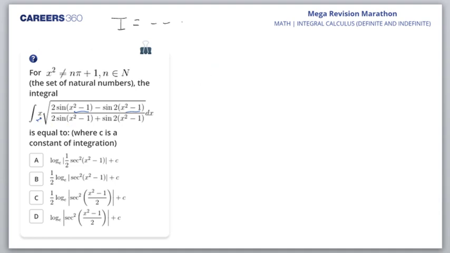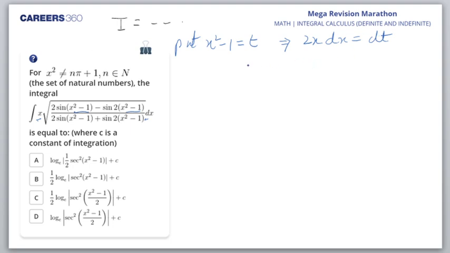So x is there outside, x dx. So I'll substitute x square minus 1 as t. When I put x square minus 1 as t, I differentiate it. I get 2x dx is equal to dt.